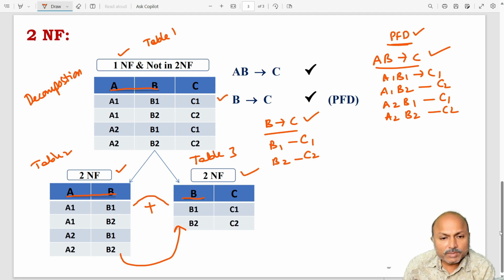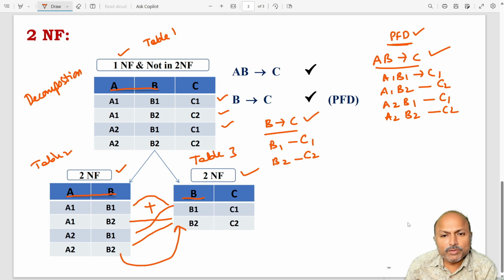A1 B1 C1, A1 B2 C2, A1 B2 C2, A1 B2 C2, then A2 B1 C1, A2 B1 C1, then A2 B2 C2, A2 B2 C2, A2 B2 C2. That means here we got the same original relation after combining the decomposed tables.